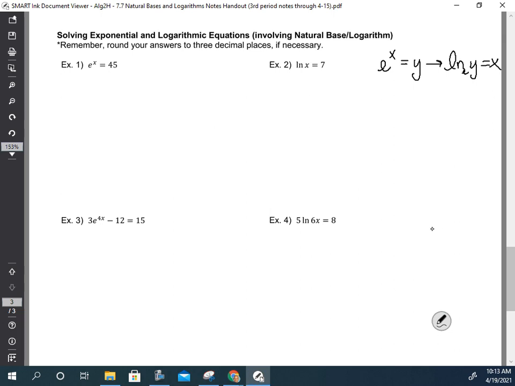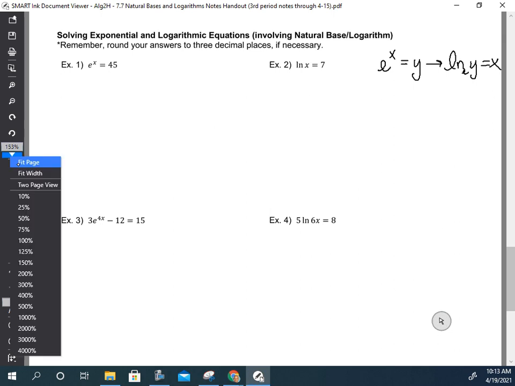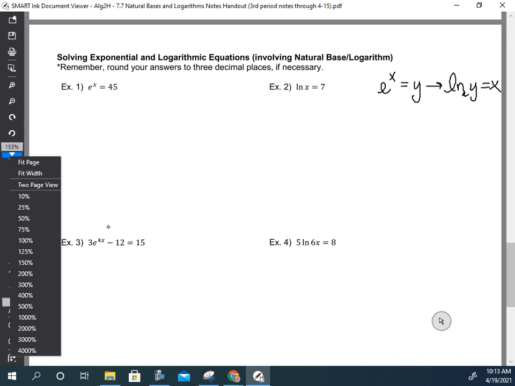All right. So, the first two examples are essentially basic use of doing a rewrite. Example 1, we've got e to the x equals 45. Again, this is basic use of a rewrite. e is e.